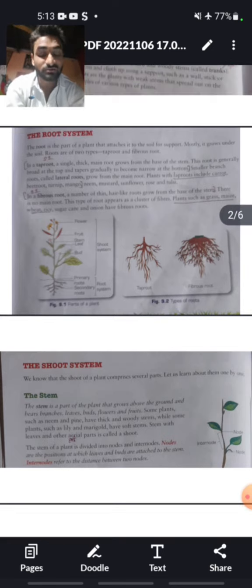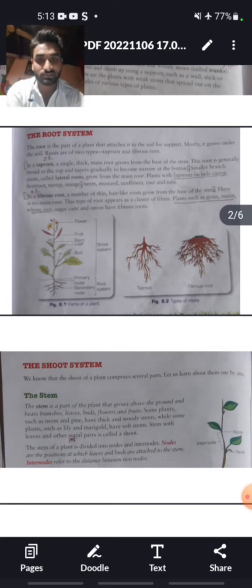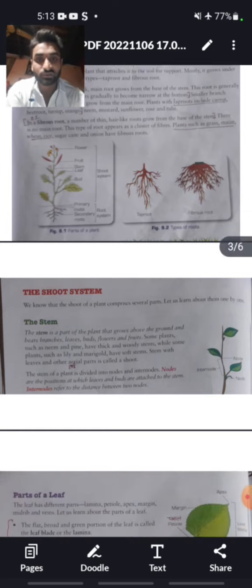Examples of fibrous roots are grass, wheat and rice, and examples of taproot are carrot, beetroot, turnip and mango.